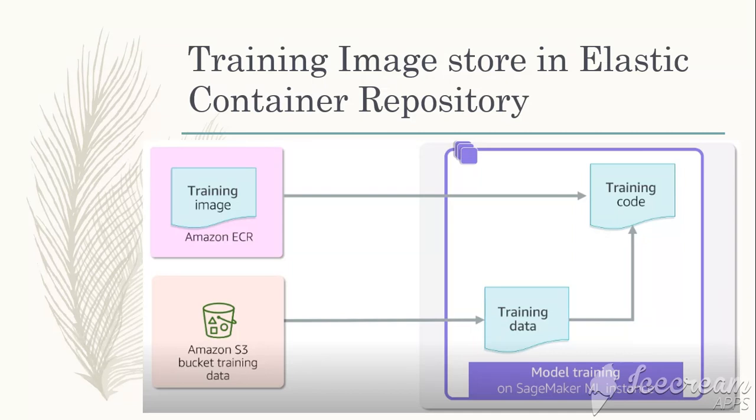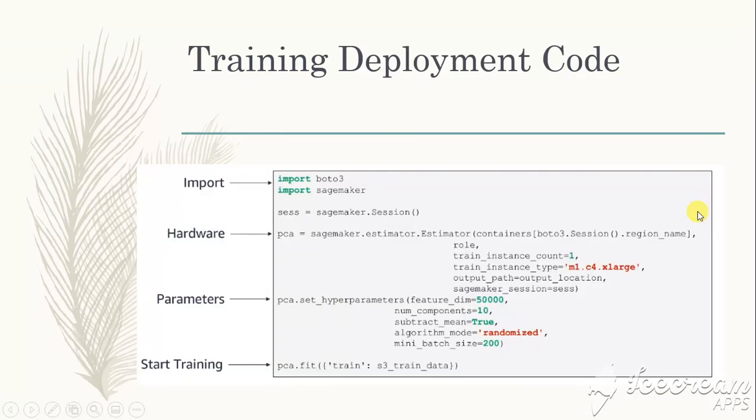Before you execute, you have to take the training image into memory, and this is going to be our training code, and the Amazon S3 bucket training data, take it to memory, and then you are going to do the evaluation process or training process, and make the model.